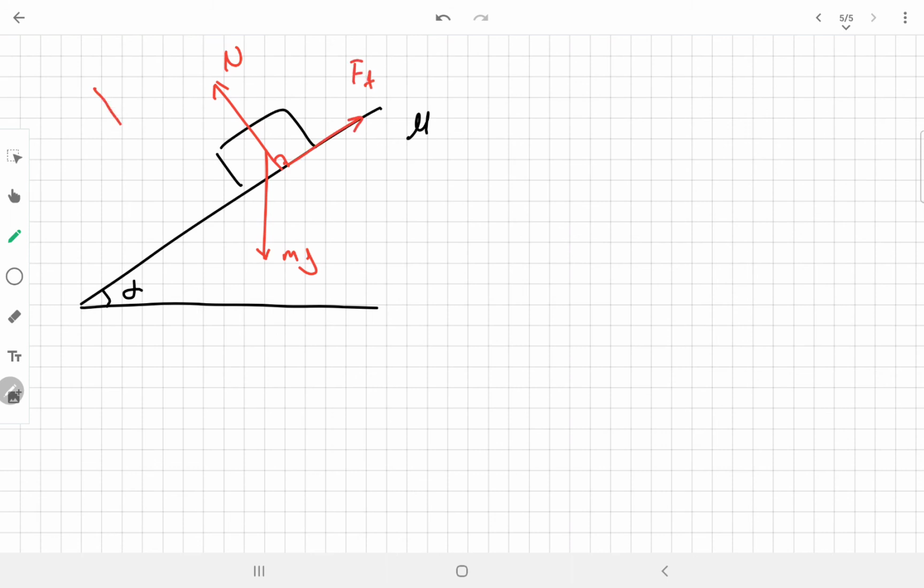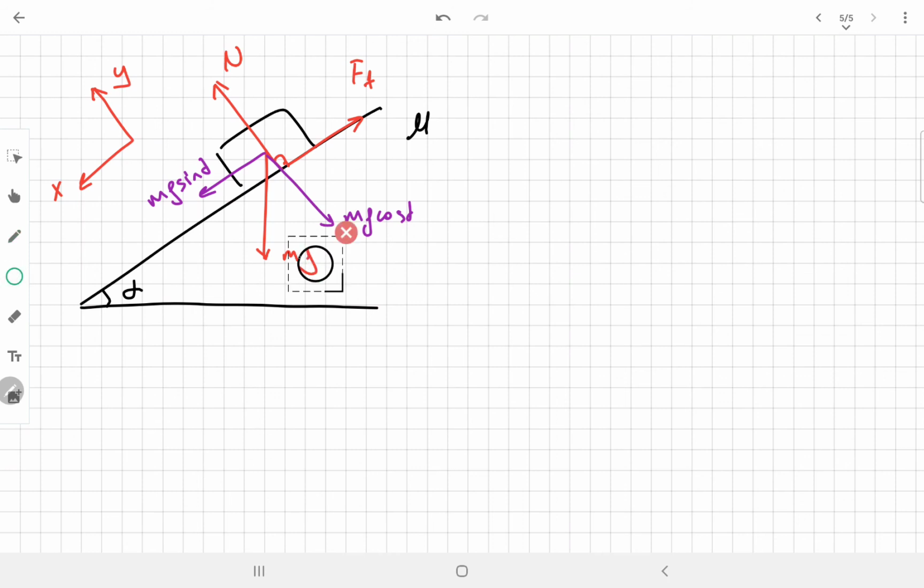As we mentioned before, it's better to choose axes in this way. And we can rewrite weight in terms of components. This component will be equal to mg sine alpha. This component will be equal to mg cosine alpha, as we mentioned before.